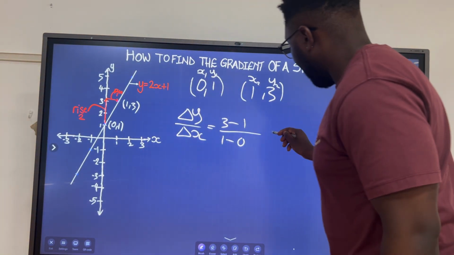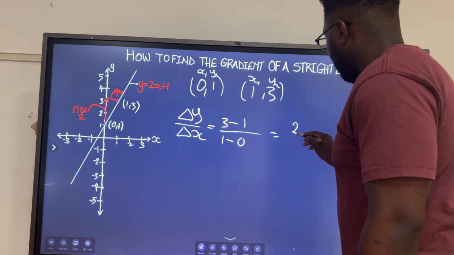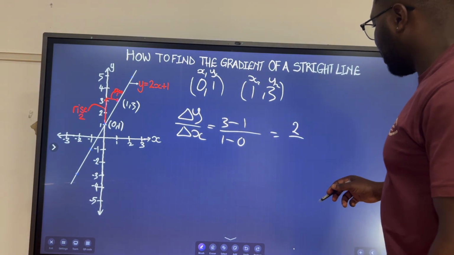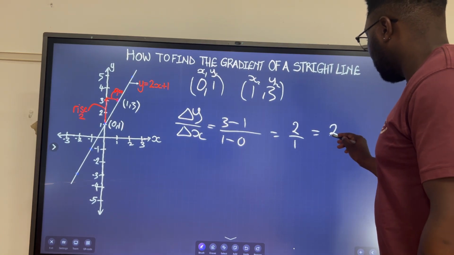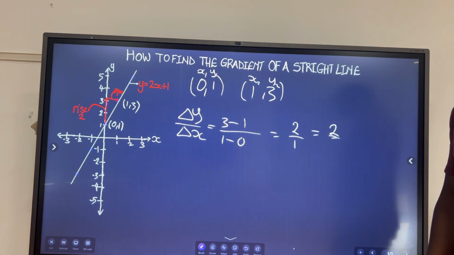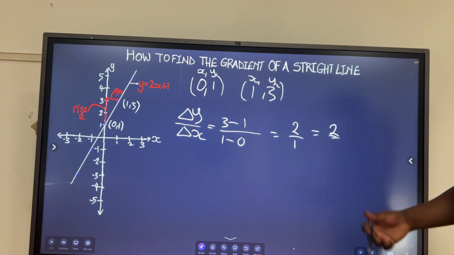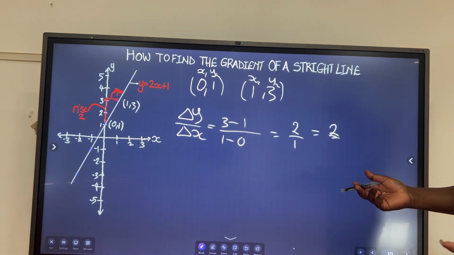And if we calculate that, what do we have? We have 2, 3 minus 1 is 2, 1 minus 0 is 1, equal to 2. Right? Okay, that's good.